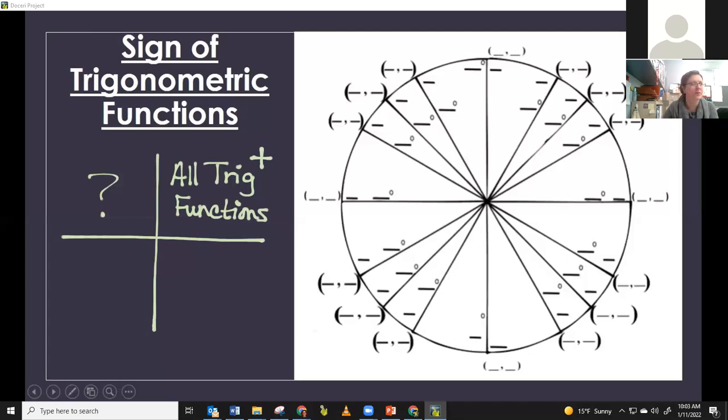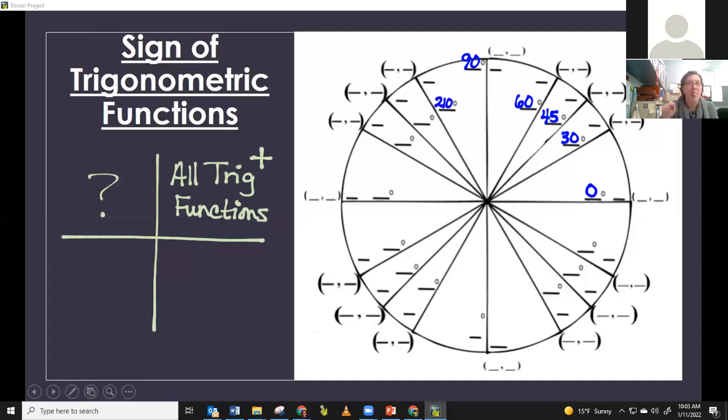Let's fill in our unit circle and we'll come back to the signs. 0 degrees, 30 degrees, 45, 60, 90 degrees up at the top. Yes, Justin, x is negative, y is positive.